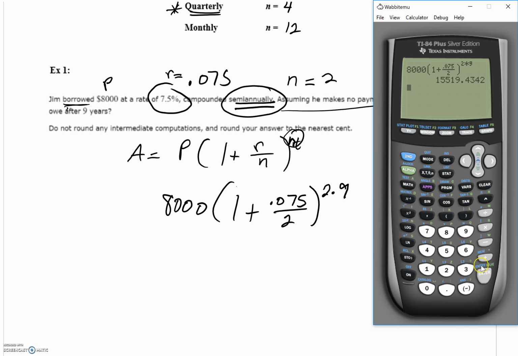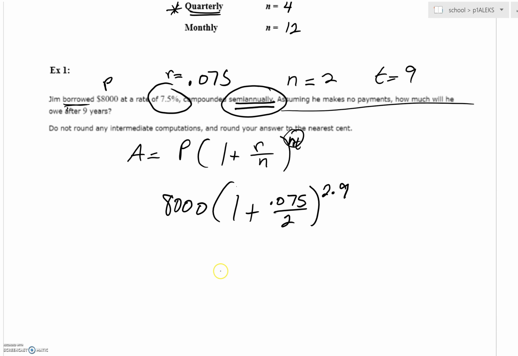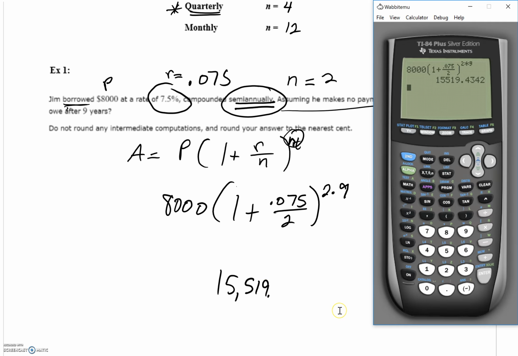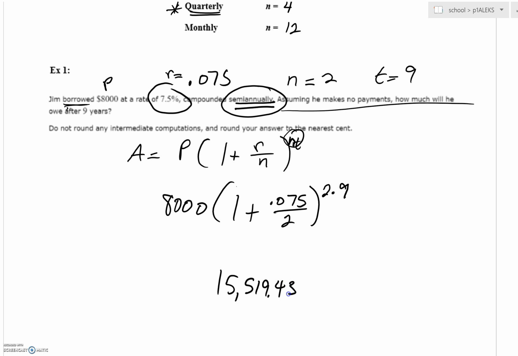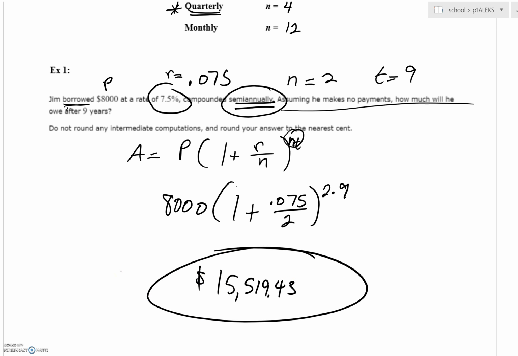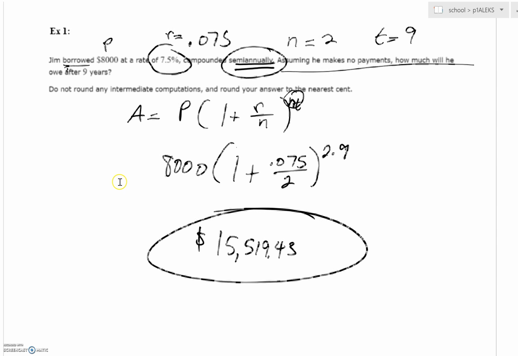And they want us to go to the nearest cent. That's the nearest penny, $15,519.43. So if you're not making any payments, that's the interest that's going to accumulate. You can see that you've almost doubled the amount that you owe.